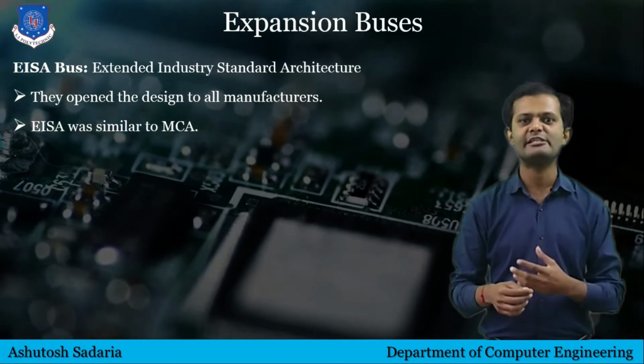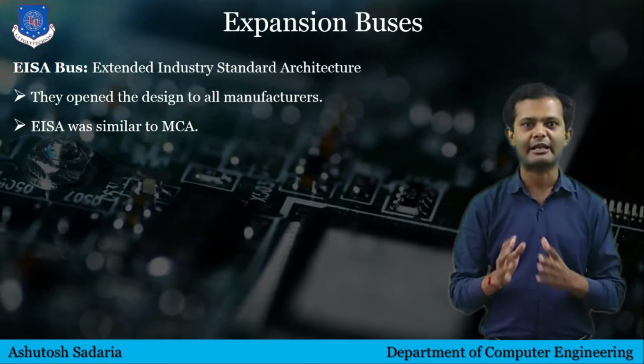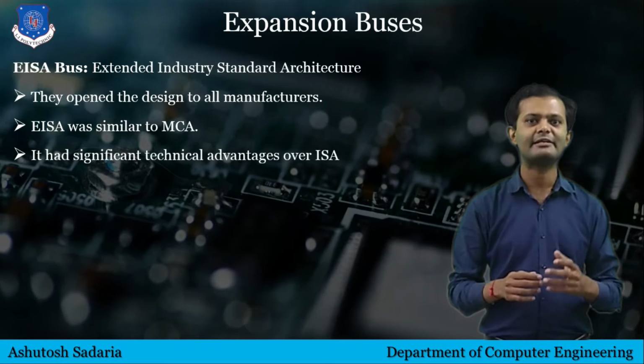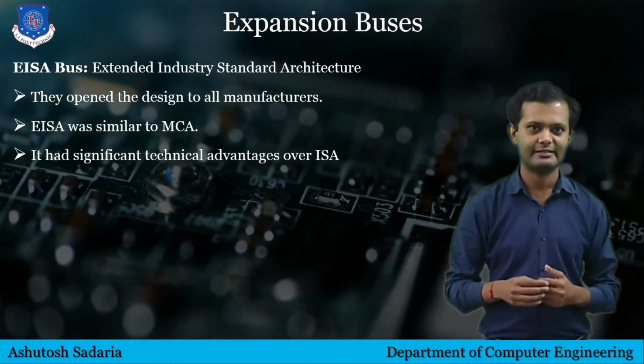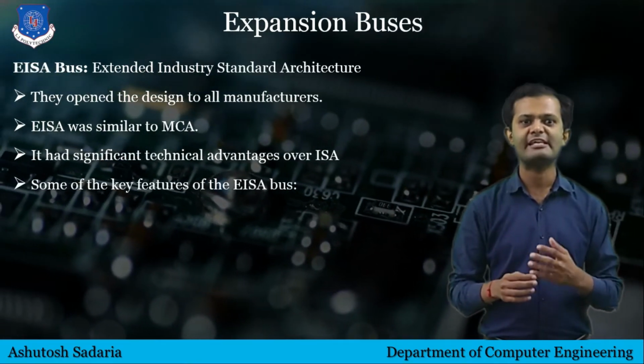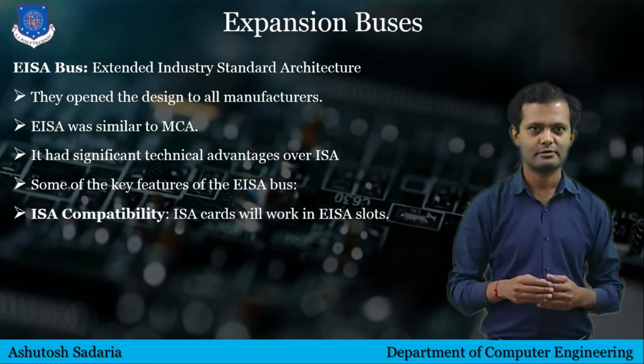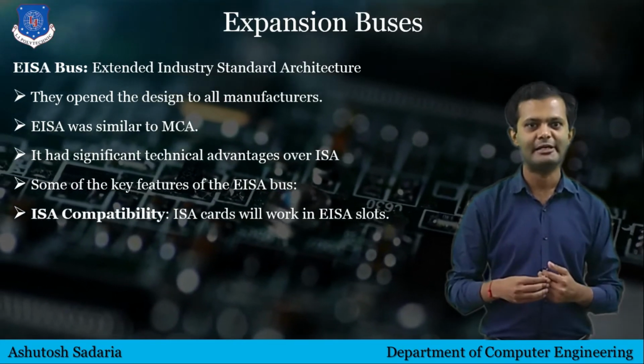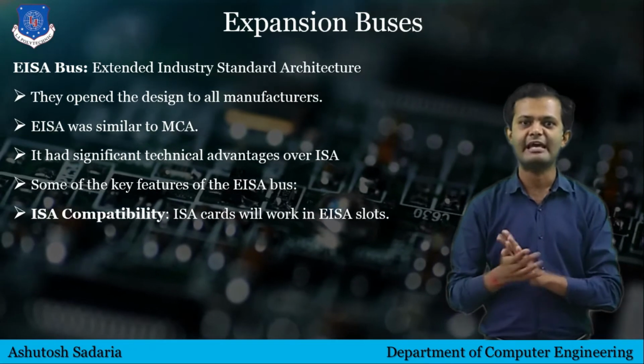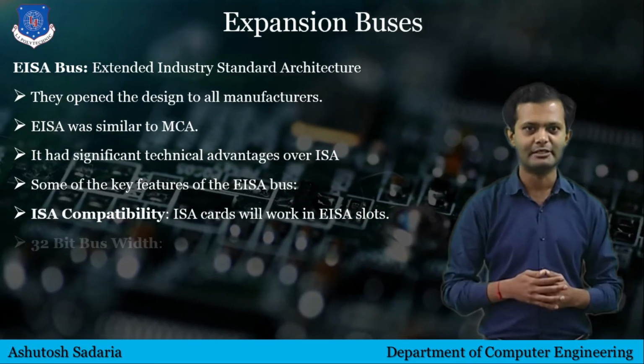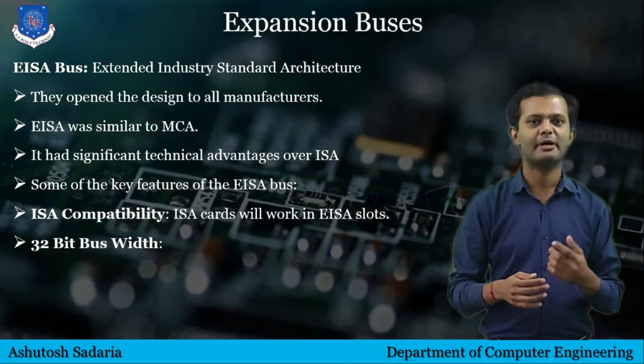EISA was similar to MCA both in terms of technology and market acceptance. It had significant technical advantages over ISA. Some of the key features of the EISA bus are as follows. The first is ISA compatibility. ISA cards will work in the EISA bus as it is backward compatible. Second is 32-bit bus width.